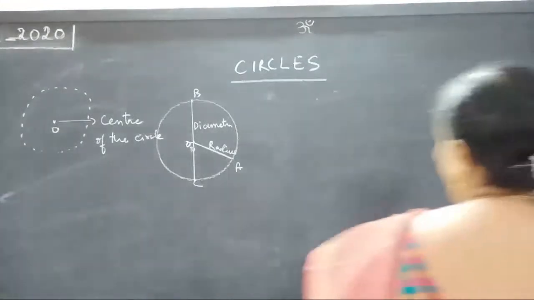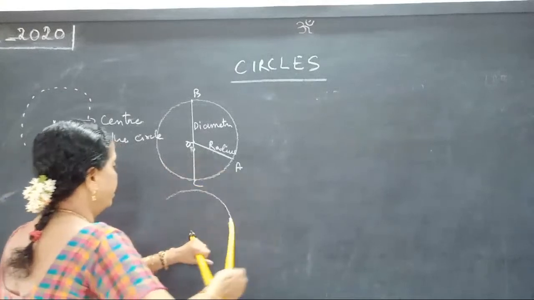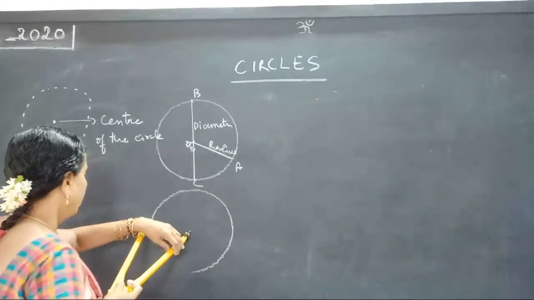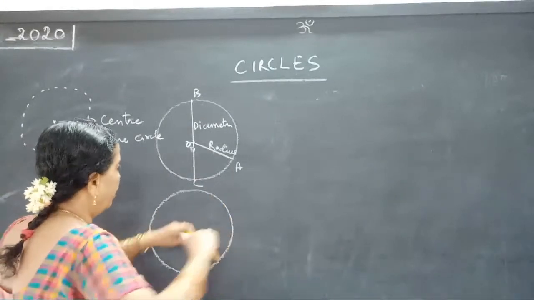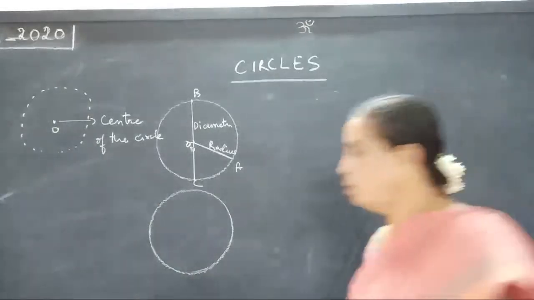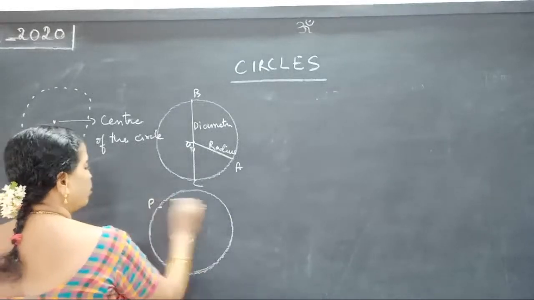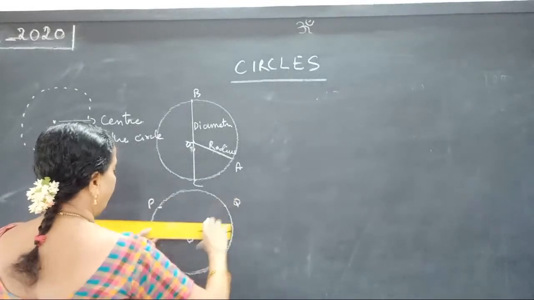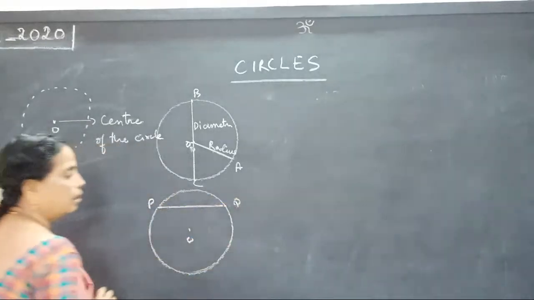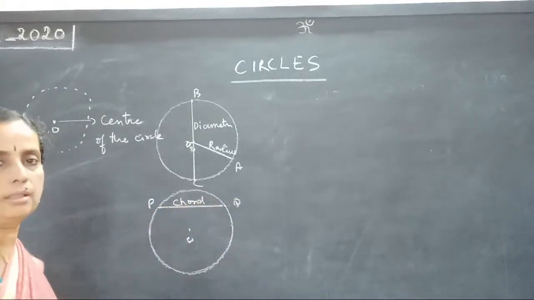Now I will take one more circle. There I will join 2 points on the circumference of a circle without passing through the center. In the diameter, the condition was that it passes through the center of the circle. Suppose I take P and Q as 2 points on the circumference and join them, you will get a segment called a chord of a circle.